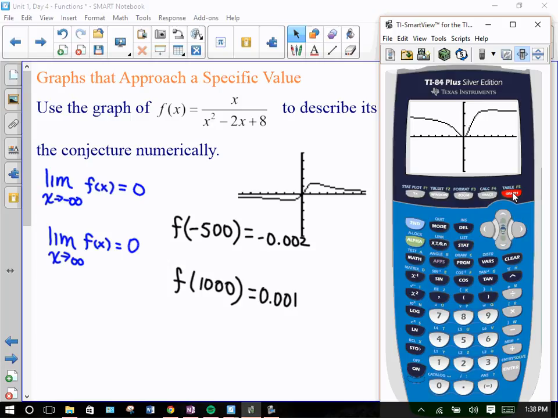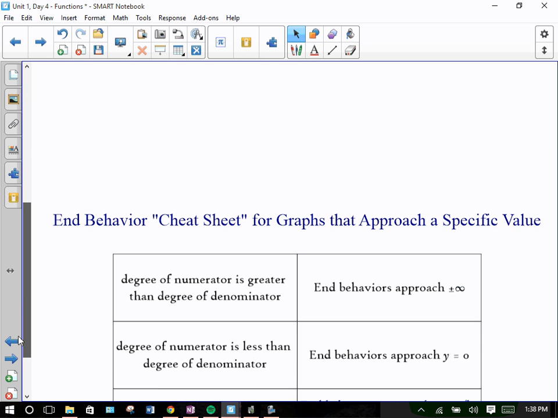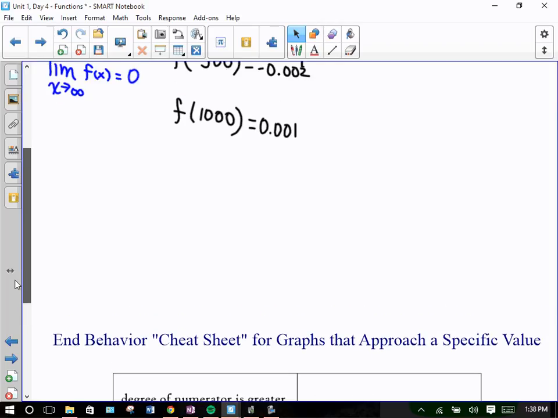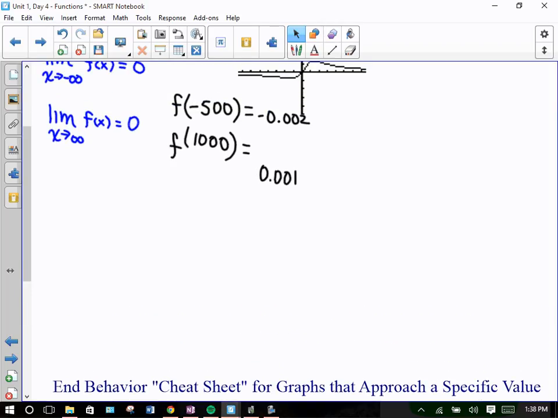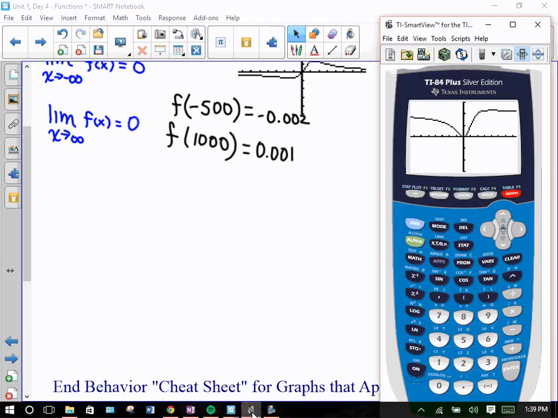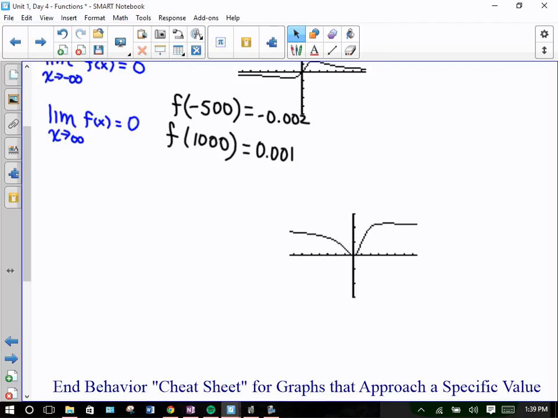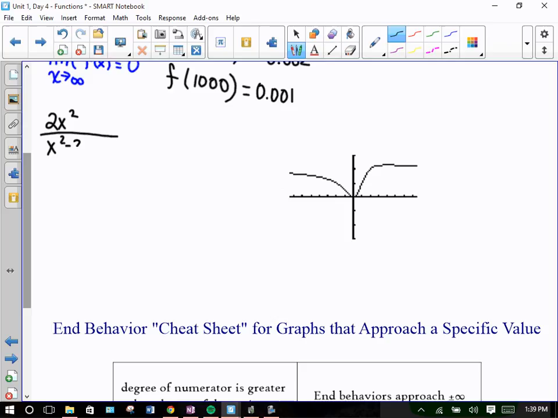Does it appear that it's approaching positive infinity? So here, let's actually take this as an example. Oh, well, I did give you guys the shortcut. But let's look at this graph. So maybe this is 2x squared divided by x squared minus 2x plus 8.